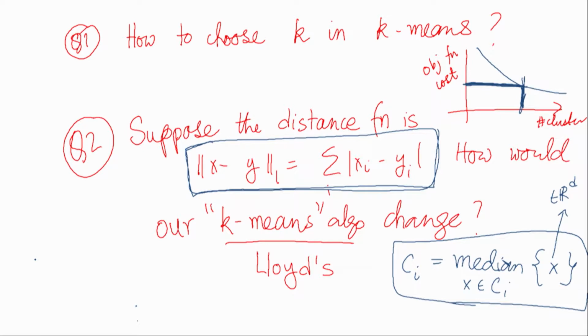When you take the mean, you take the mean of every coordinate: you go over all the points for the ith coordinate and take the mean of the ith coordinate. Here, you go over each coordinate and take the median of the ith coordinate. As simple as that. That's all you have to change in the algorithm. So the point assignment remains the same. Every point gets assigned to the closest center, except that now everything happens using this new norm, which is the L1 norm. Thank you. Good job.